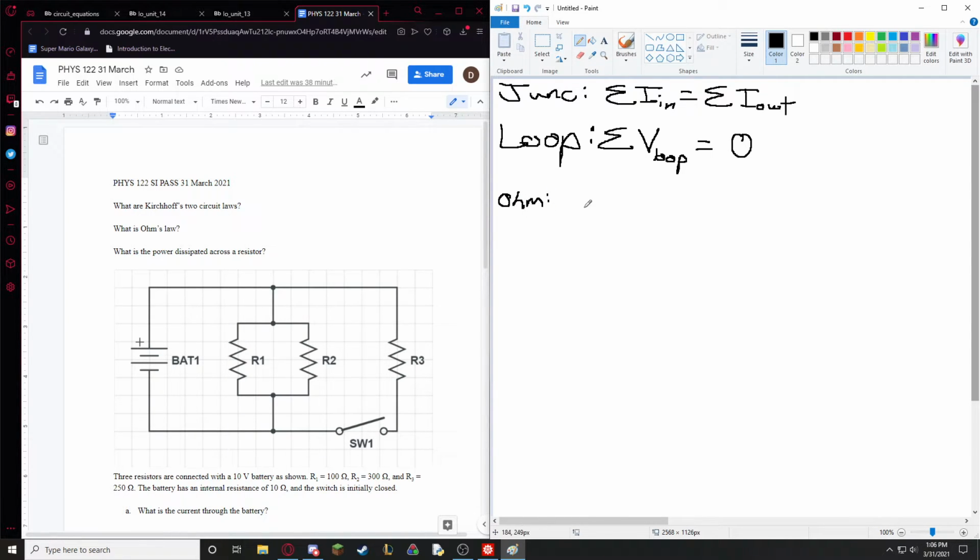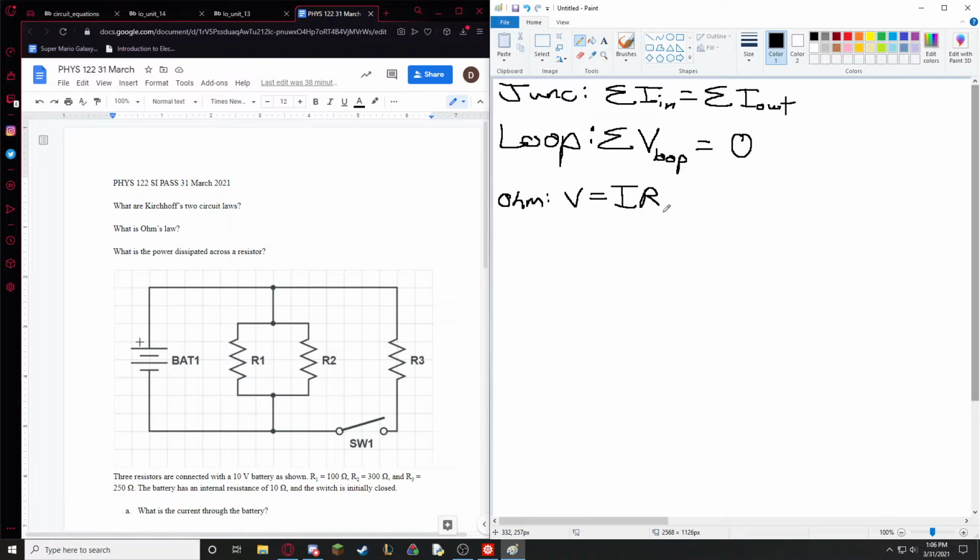Ohm's law: V is equal to I, the current through the resistor, times the resistance of the resistor. Or if we have the total net resistance in an entire circuit, then we can solve for the current by dividing the voltage of the battery by the total resistance.